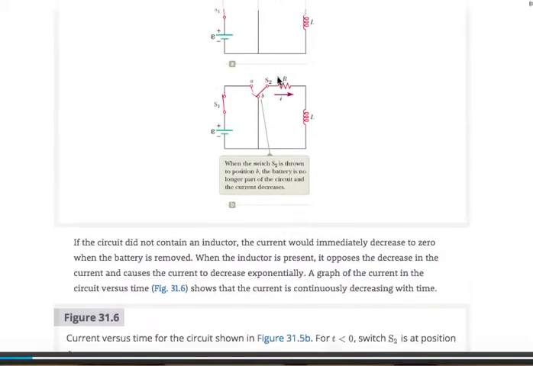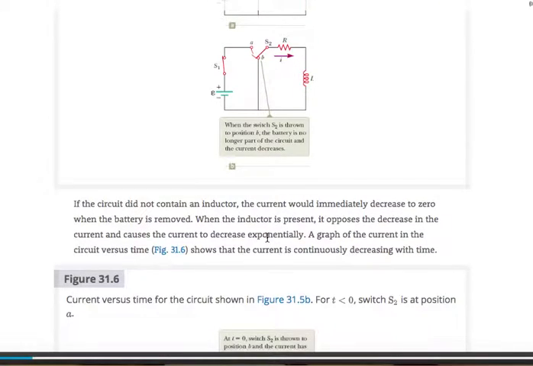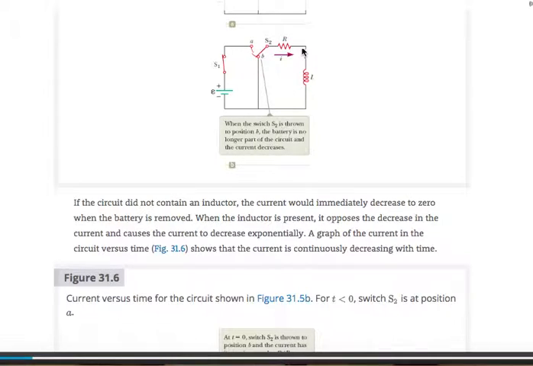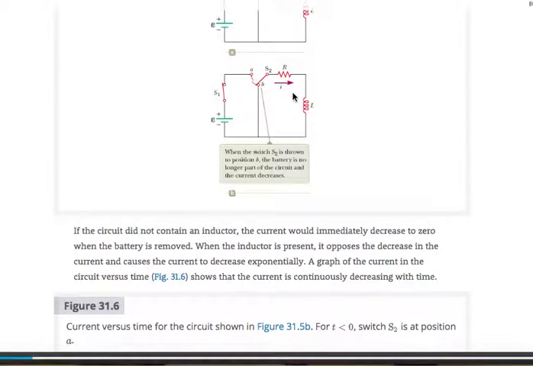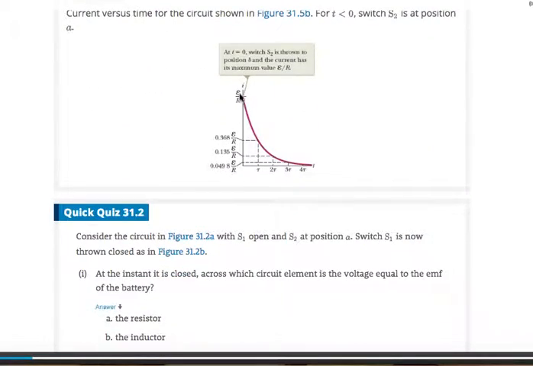Let's go back to this picture. If you were to switch this switch from here to there, you've now basically taken the battery out of the equation, and so the current is going to decrease over time. If the current is decreasing, there will be an EMF developed which will try to increase the current in this direction, and that will change the current.